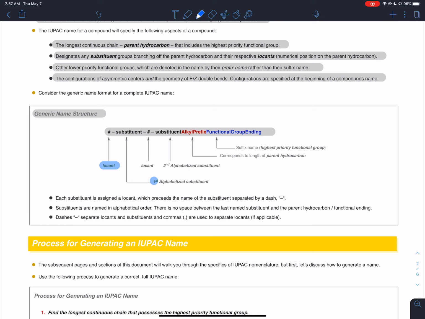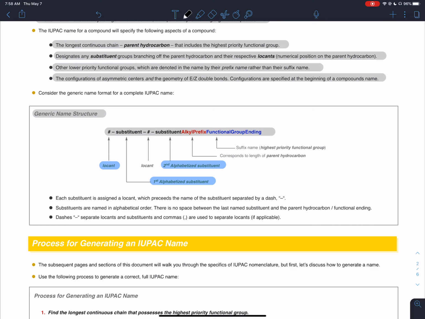What you'll also notice is that we will name substituents, those groups branching off the parent hydrocarbon, in alphabetical order. And before each substituent that is named, we provide a locant and then we separate it with a dash. Okay? And then between the last named substituent and the alkyl prefix, there is no space. So we're going to give you just a quick example here to show how this is put into action.